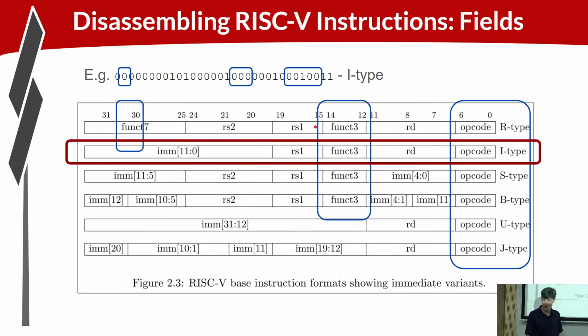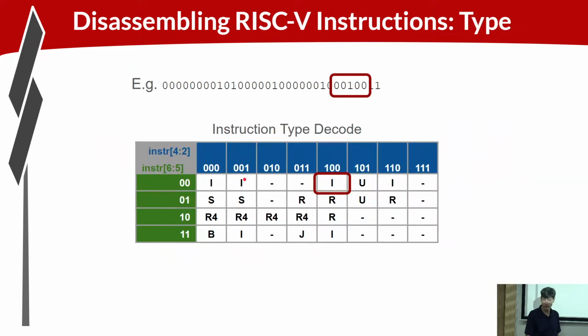So now that we know our type, we know the format, so we know what the fields represent. Those 2 bits, these don't factor into the type.